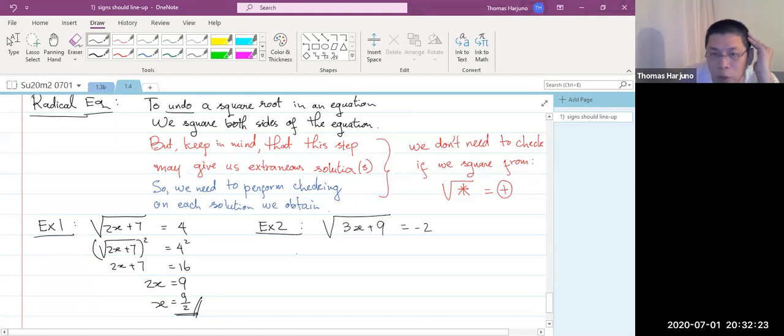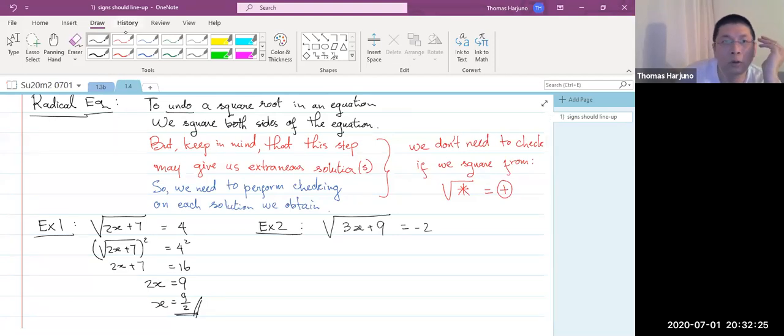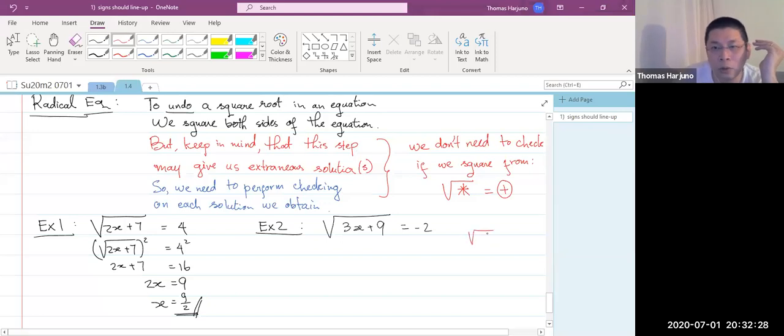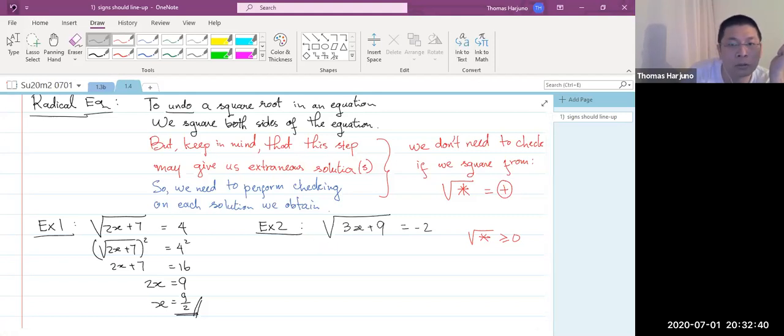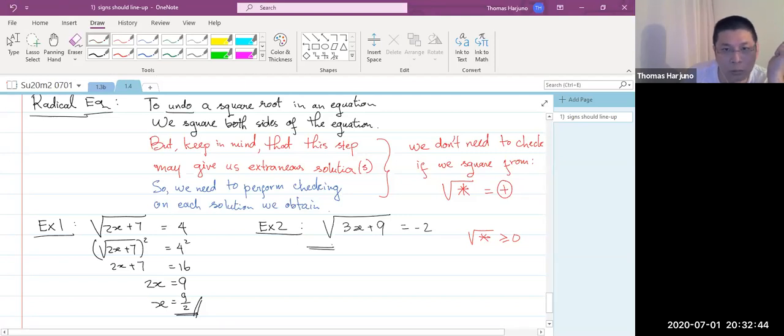Square root of something will always be at least 0, cannot be negative. It behaves very similar to absolute value. So if you have square root of something equals a negative number, just go ahead, say no solution. You don't need to go far. You can solve it though. No solution.